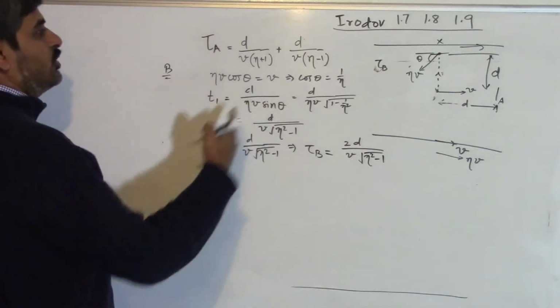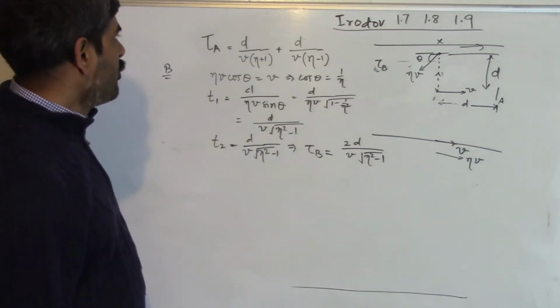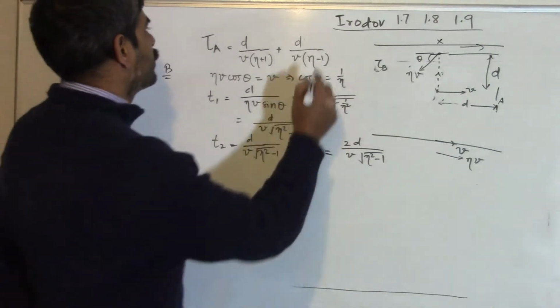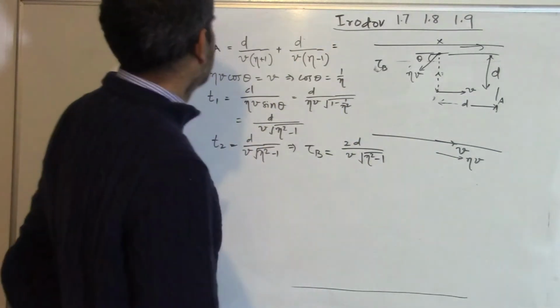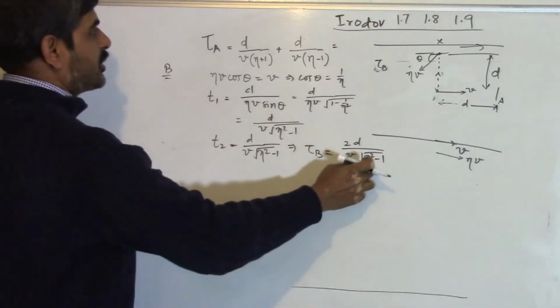So the ratio will be this velocity divided by this velocity.